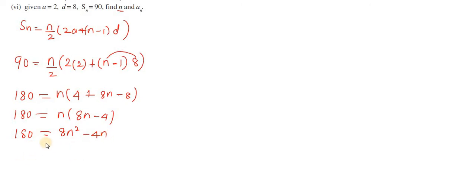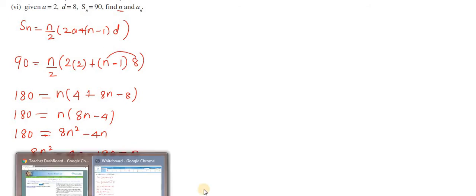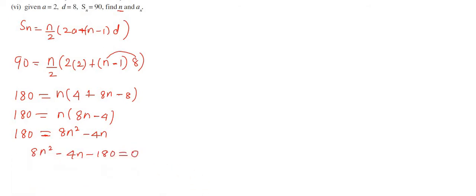Now transpose this 180 to the right hand side, then it becomes 8n square minus 4n minus 180 is equal to 0. I hope all of you understood.